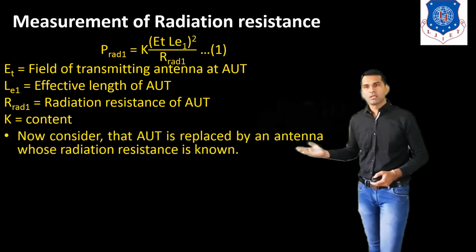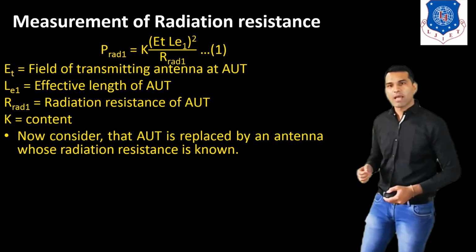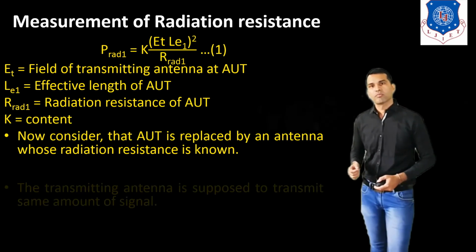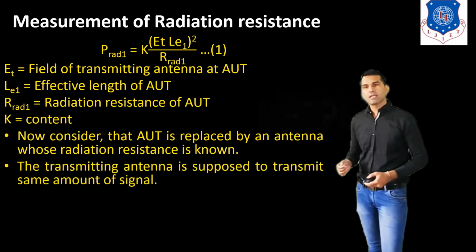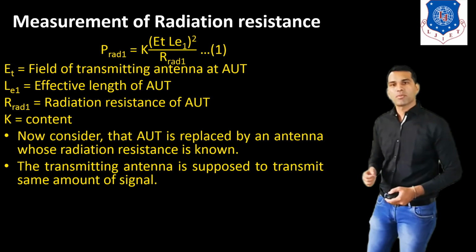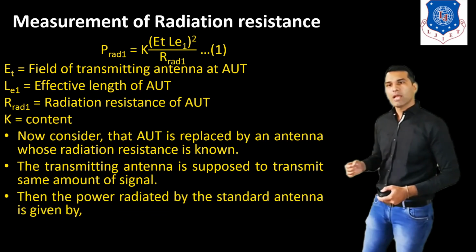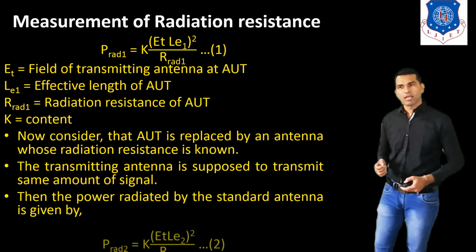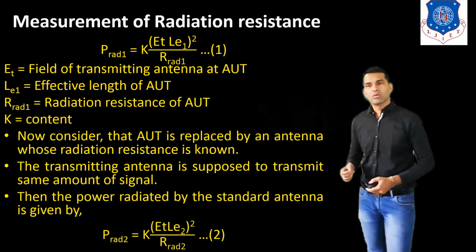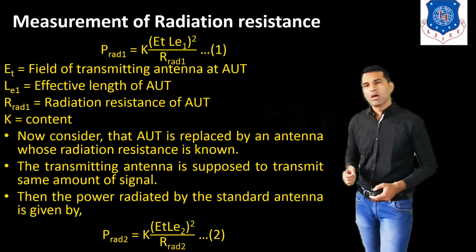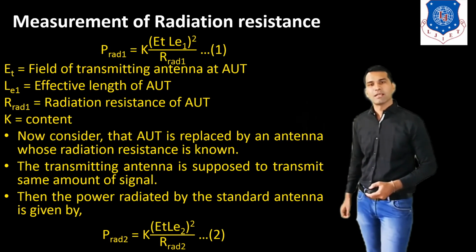Now consider the AUT is replaced by an antenna whose radiation resistance is known. The transmitting antenna is supposed to transmit the same amount of signal. Then the power radiated by the standard antenna is given by P radiate 2 is equal to K ET LE2 squared upon R radiate 2.